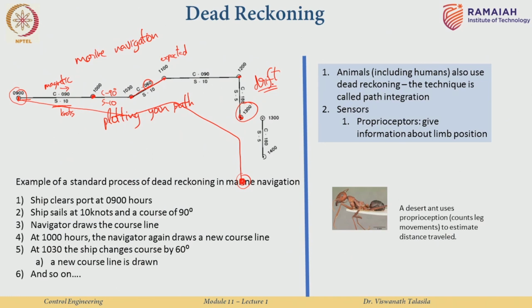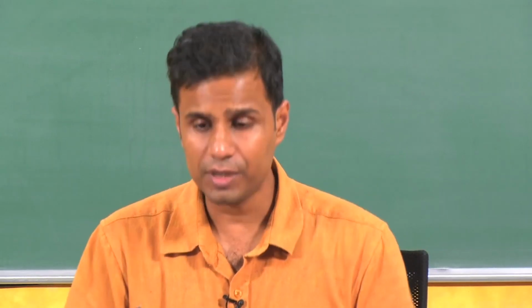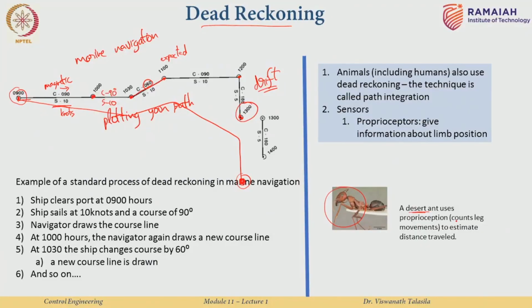Dead reckoning, you are not using any coastal landmarks or any such thing, just dead reckoning. How do animals do it, or even humans? If you look at this Saharan desert ant, it uses a technique called proprioception. It is a biological term, which basically means that I have an idea of how much I am moving.